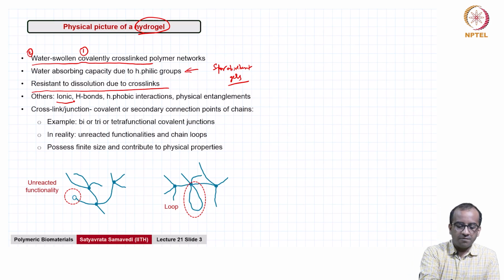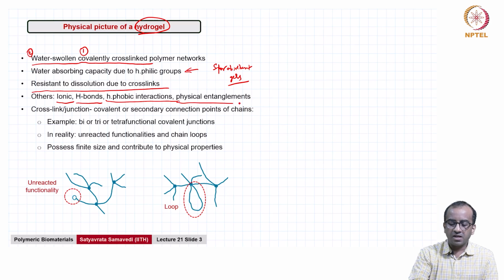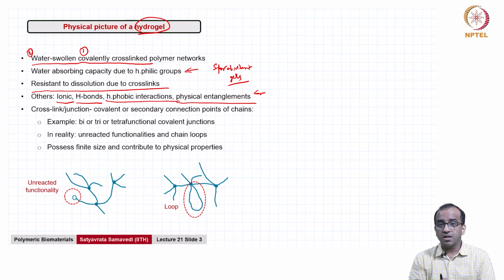You can also have hydrogen bonds and hydrophobic interactions that also lead to gel-like behavior, and of course physical entanglements as well. But typically when we refer to a cross-linked hydrogel network, we are typically referring to a covalently cross-linked network, although we will still look at examples of some of these interactions as part of this lecture.